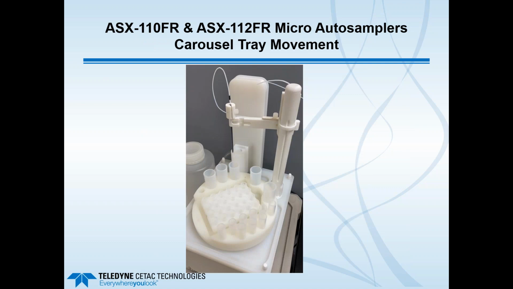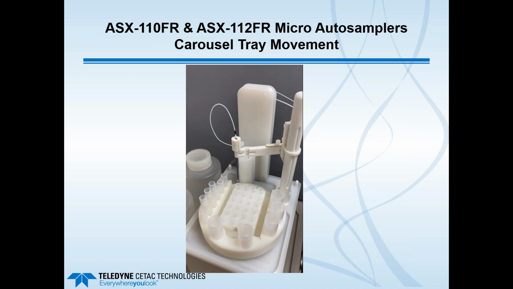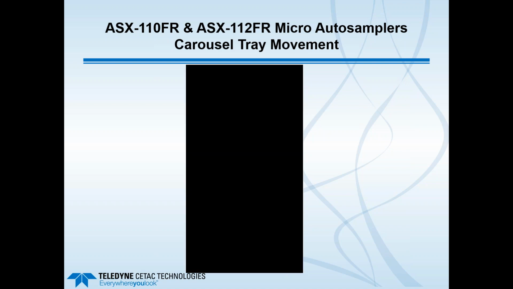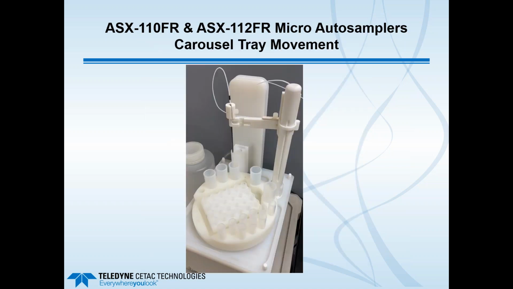So this will actually show the carousel tray movement, and there you actually see the rotary tray spin. And again, this would be on YouTube. I'm going to go back one and show it once more because that went fairly quickly.